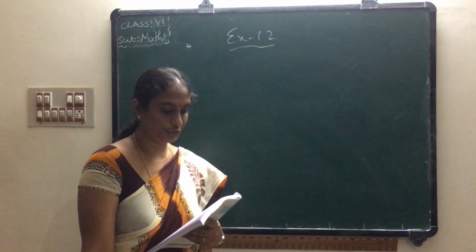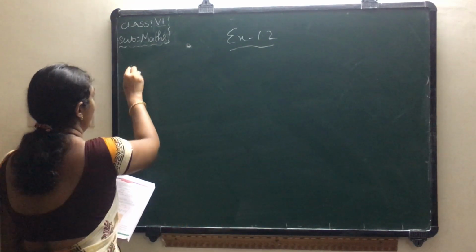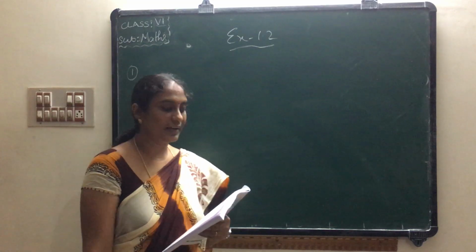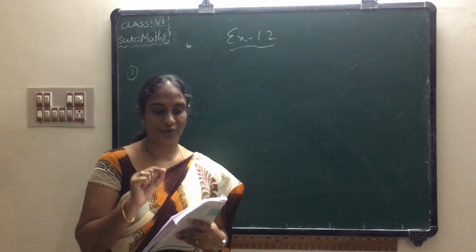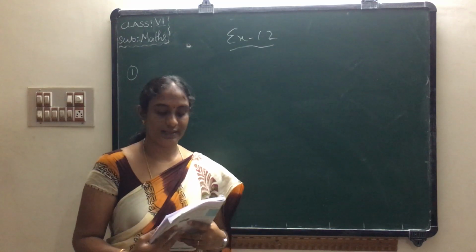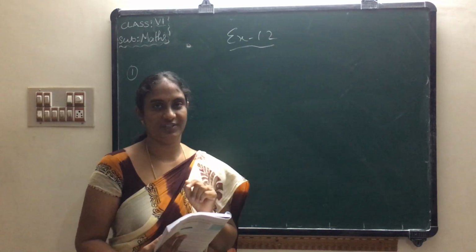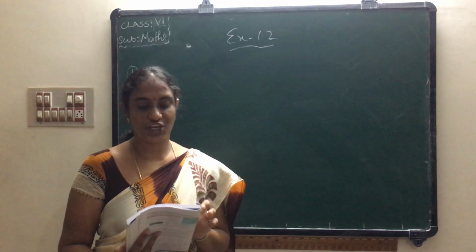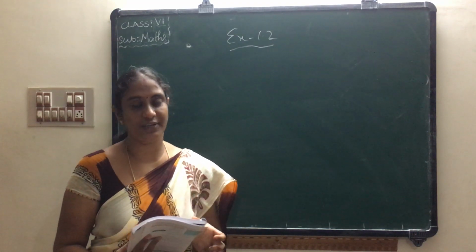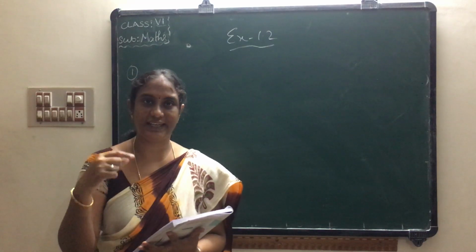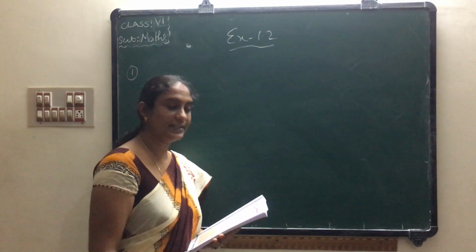What is the question they have given? Write each of the following in numeral form. Read the question 2-3 times. Numeral form means they have given it in spelling, and now we have to write it in numbers.